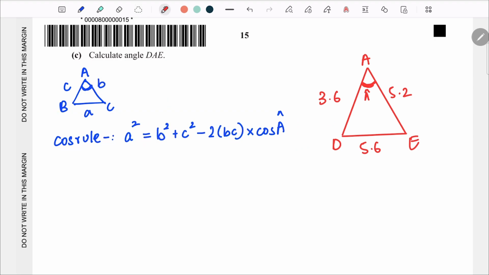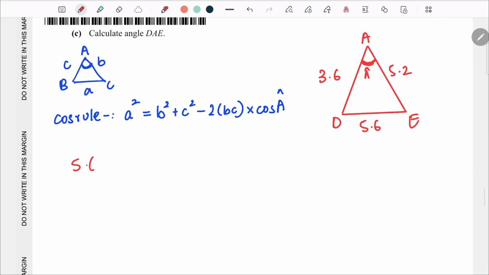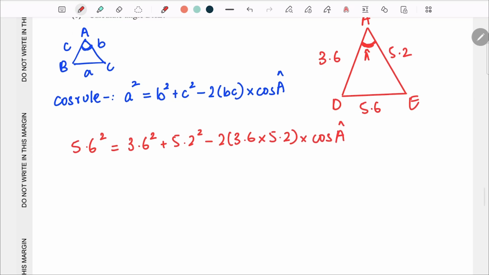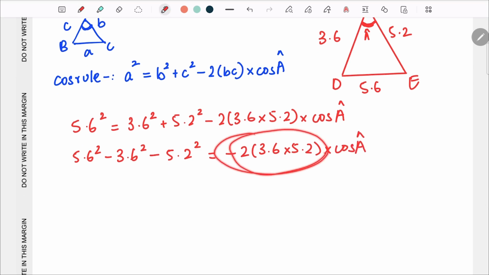I'm going to apply this general form on this triangle right here, and it's going to be 5.6 squared is equal to 3.6 squared plus 5.2 squared minus 2 into 3.6 into 5.2 into cos of angle A. So when I simplify this, it's going to be 5.6 squared minus 3.6 squared minus 5.2 squared is equal to minus 2 into 3.6 into 5.2 into cos A. When I bring this whole thing that is being multiplied here to the other side, it's going to be divided.